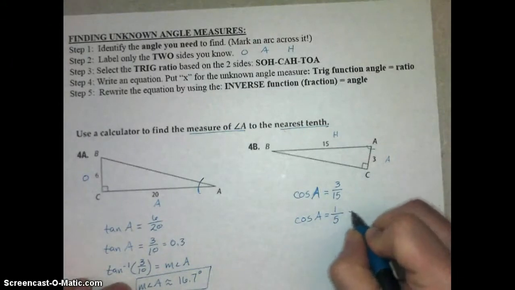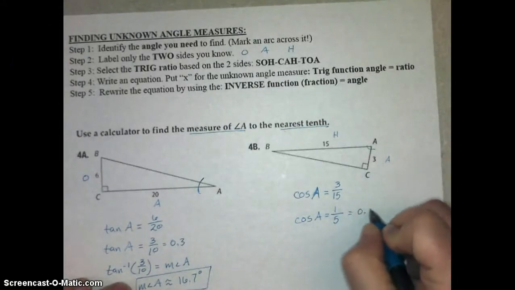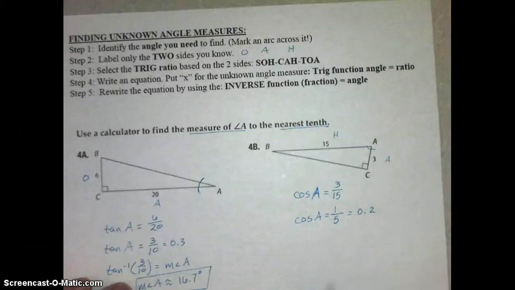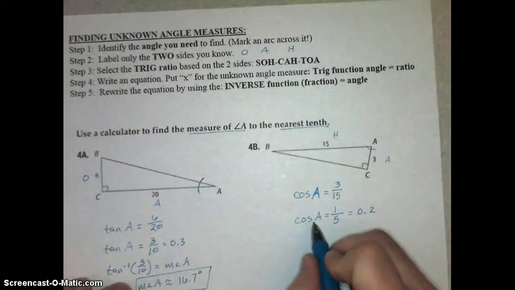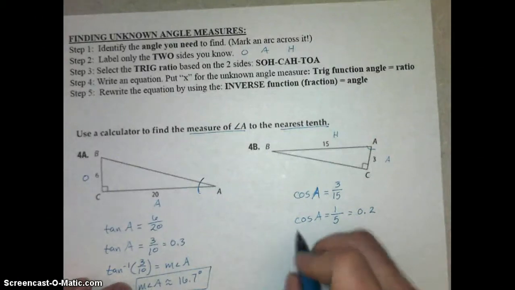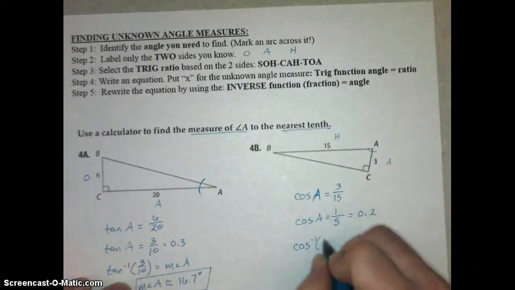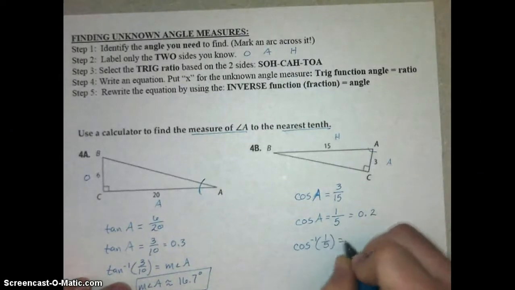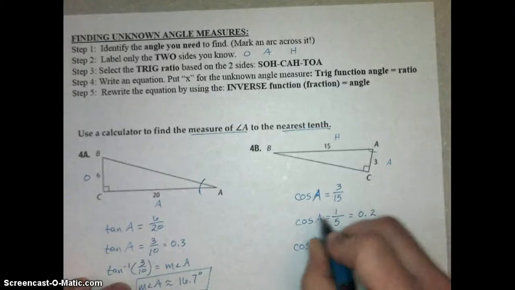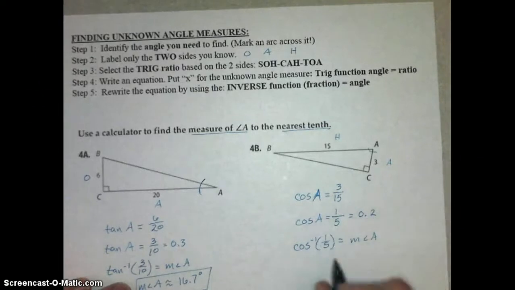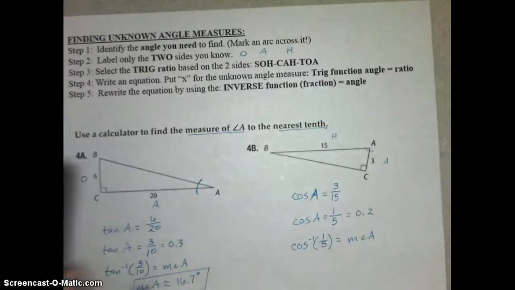Now 1 over 5 is also 0.2. So either way you write it, that's fine. And then we want to undo cosine by taking the inverse cosine of this ratio equals the measure of angle A. So we're kind of switching spots with the A and the 1/5 when we do inverse cosine. And so the measure of angle A is just the inverse cosine of 1/5.